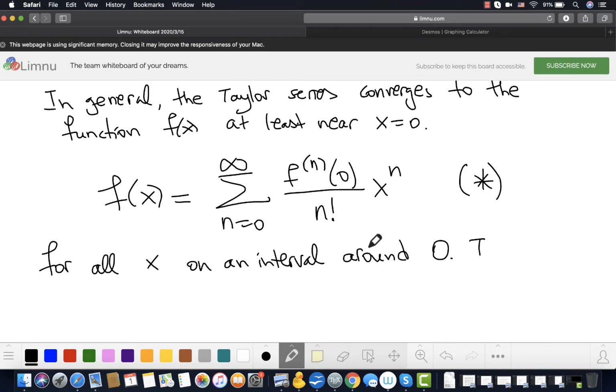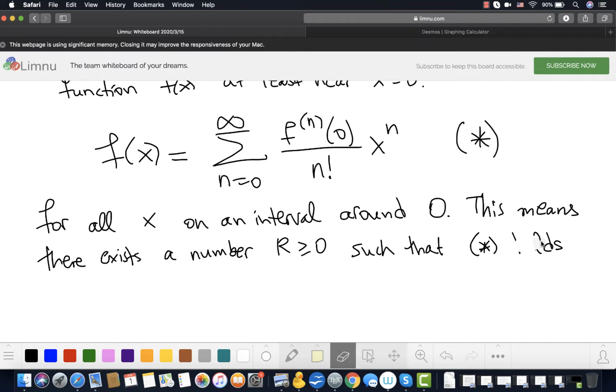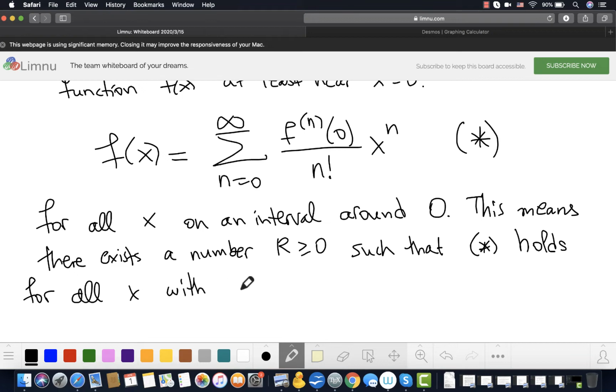The fact that the Taylor series converges to f of x for all x on an interval around 0 means the following: there exists a number r such that the relation star, this equality, holds for all x between minus r and r.